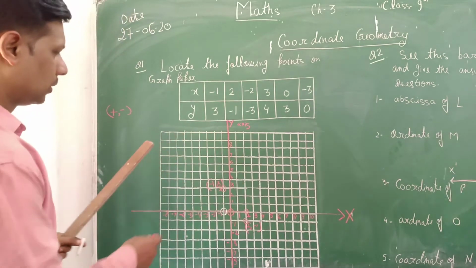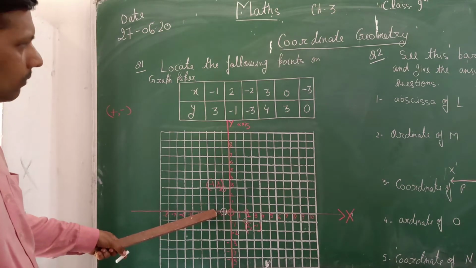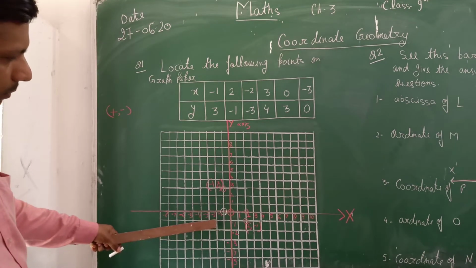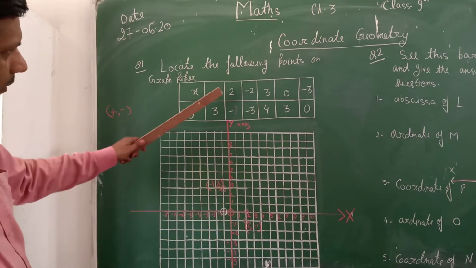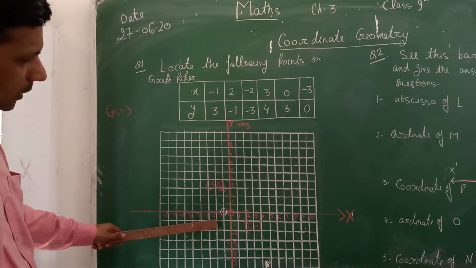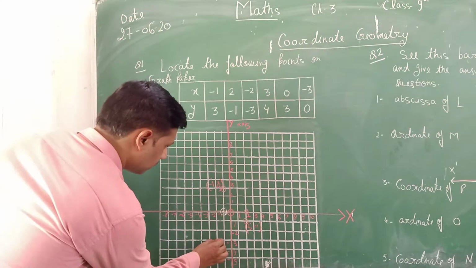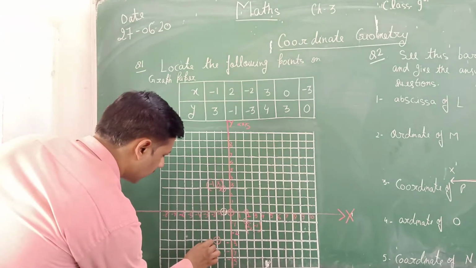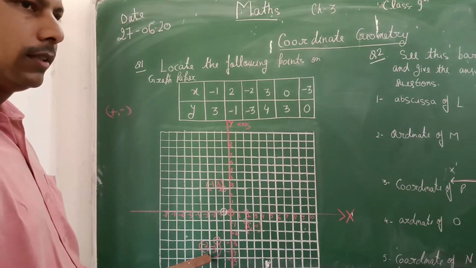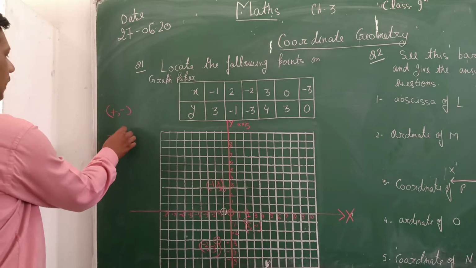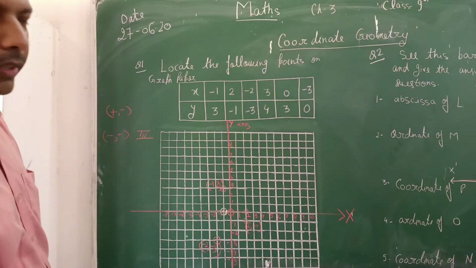So -2 is -1, -2, and then -3 down from the origin, just below -2. This is the position of (-2, -3). Just see, -x and -y in the third quadrant, right?